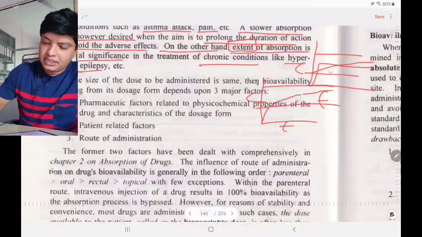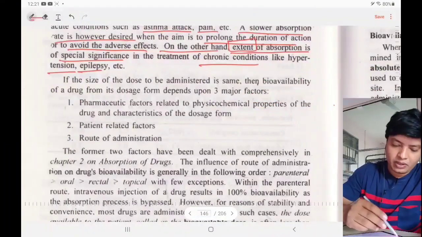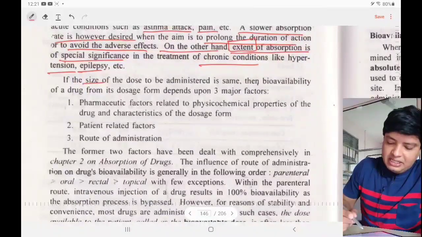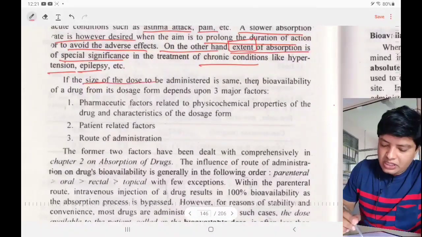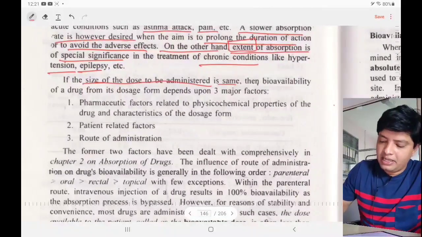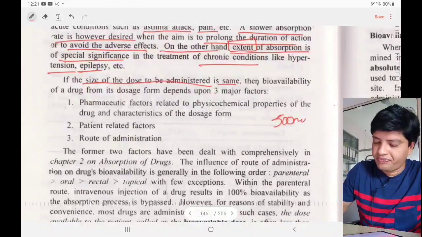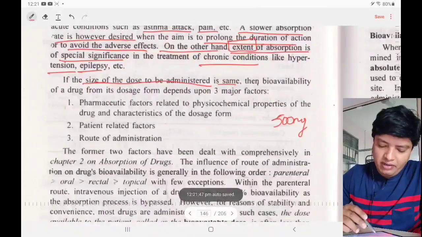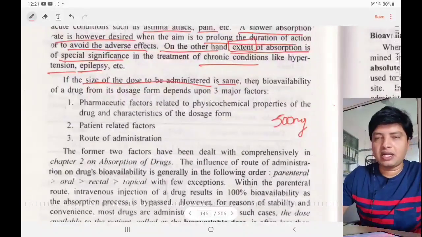So the next part is: if the size of the dosage administered is the same, let's say I am taking 500 mg of some drug, then bioavailability of the drug from its dosage form depends on 3 major factors.